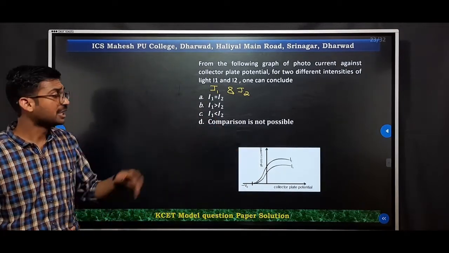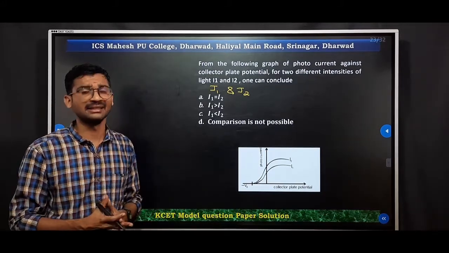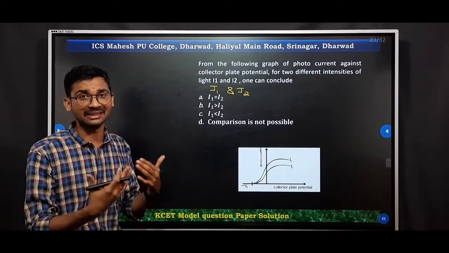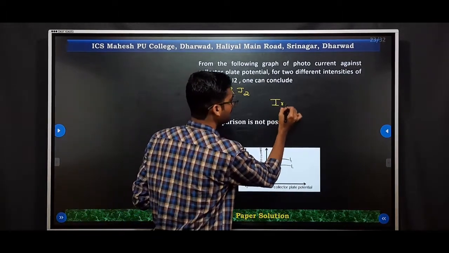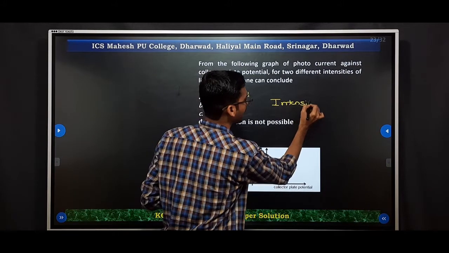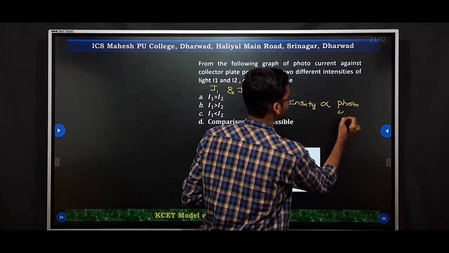Now if we check the diagram, one theory we know is that as we increase the intensity of light, the photocurrent is also increasing. Let's write it now.